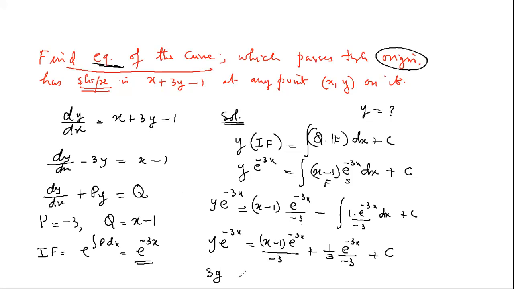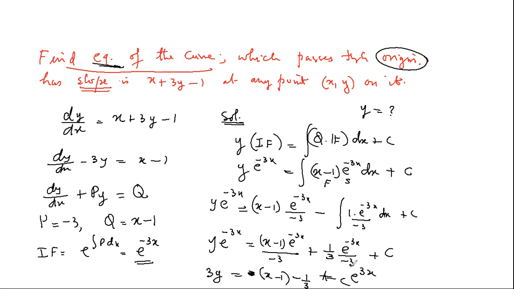So 3y minus (x minus 1). This minus is there. Then here plus minus again, minus 1 by 3. 3 I've multiplied, minus 1 by 3 plus c e raised to 3x.